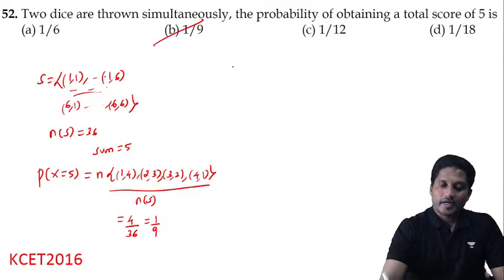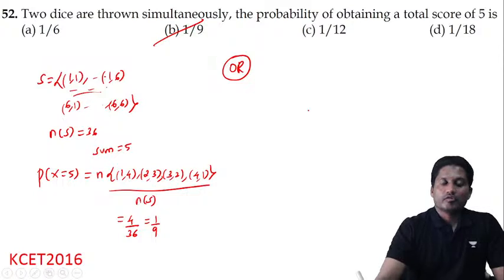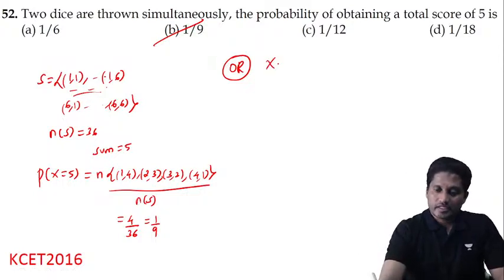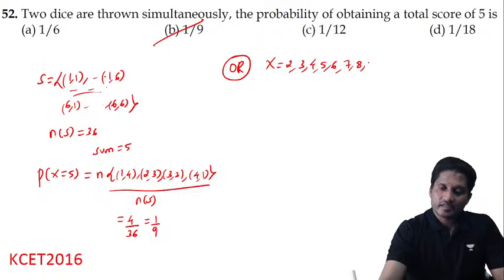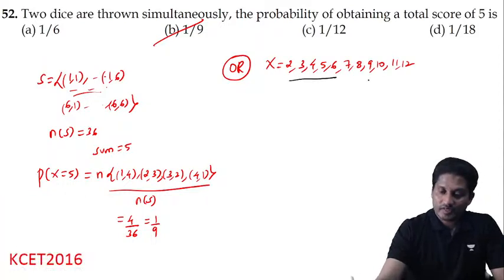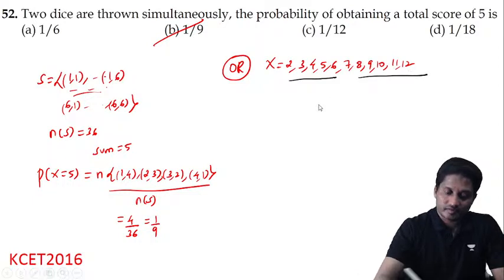Or I taught you this before as well. 2 dice are rolled. Minimum sum is 2, maximum is 12. So x is equal to 2, 3, 4, 5, 6, 7, 8, 9, 10, 11, and 12. 6 on the left, 5 on the left, and 5 on the right. Middle term is 7 only.